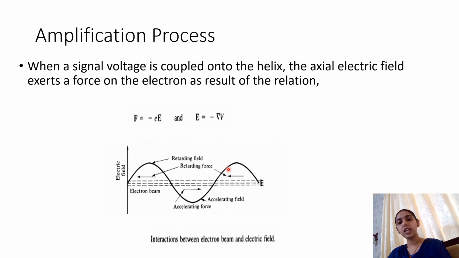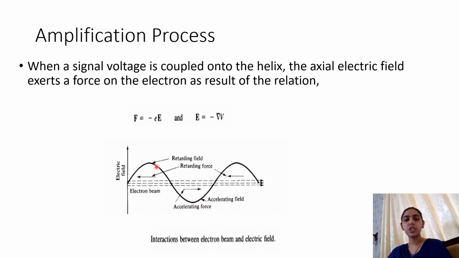Now we have stated in the beginning we are always going to maintain the DC velocity of the electron greater than the axial velocity. So more electrons will encounter the retarding field than the accelerating field. So the electrons will be more on this retarding field rather than this accelerating field.